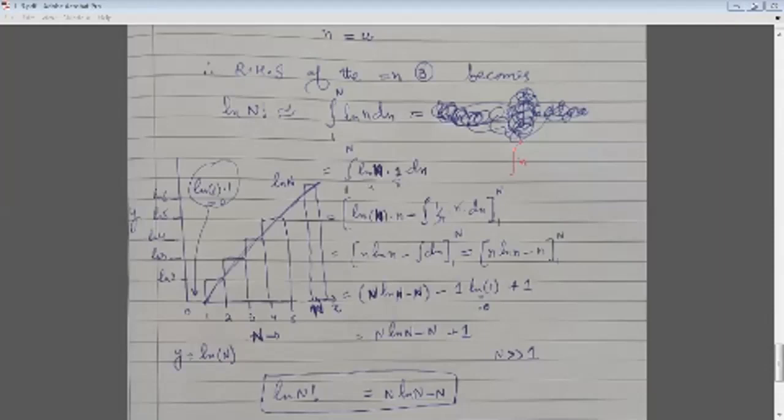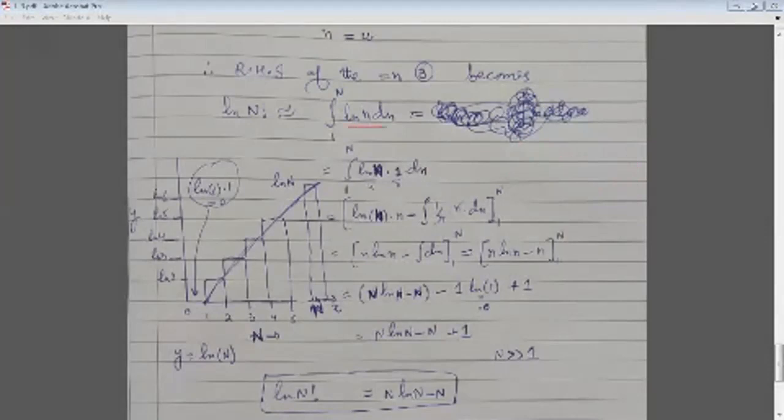You know this integration by parts: the integral of u dv will be equal to uv minus the integral of v du. Okay, this is integration by parts. You can see this formula and use it here. How to use it?